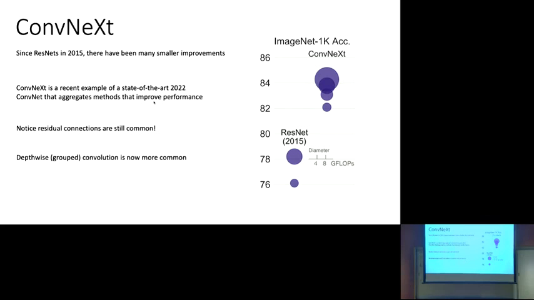So the result of doing all these things is that you actually got significant performance improvements. These are like ResNet 2015, the top one accuracy on ImageNet 1K, and the ConvNeXt architecture at the same size model is significantly better in how well it does.